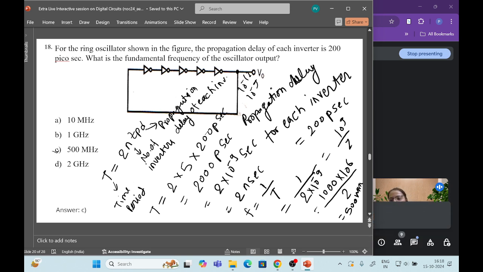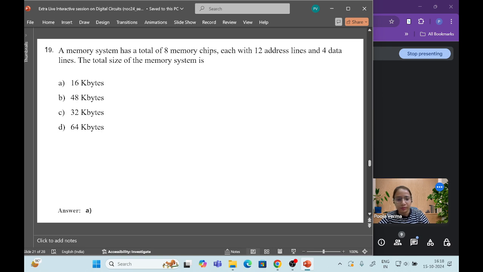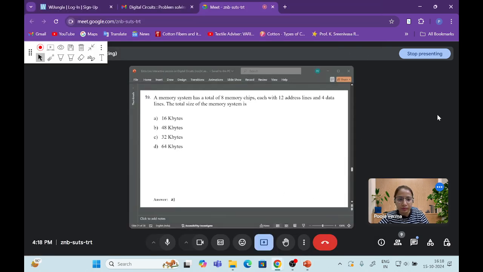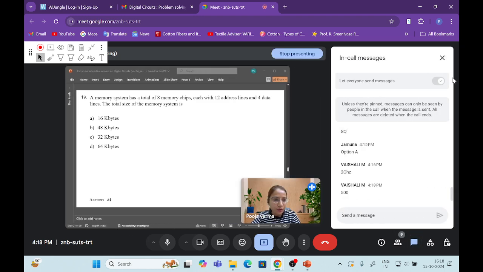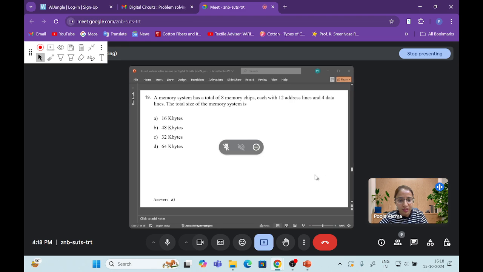So 500 megahertz is the correct answer. Option C is the correct answer for this question. I hope you have got this question. Does anyone have any doubt, or can we move to the next question?